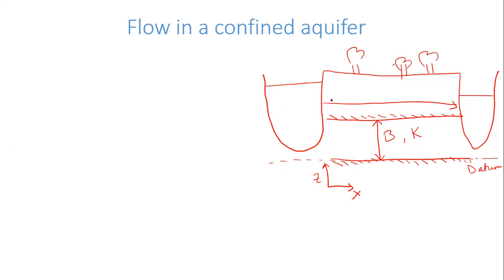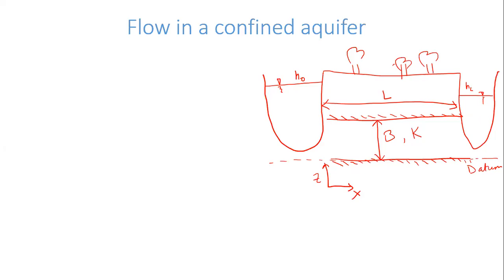So let's say the distance between the two surface water bodies is capital L. At x equal to 0, I have one river connected to this confined aquifer, where the water level is H0. On the other side, I have another river whose water level is H subscript L. So H0 at x equal to 0 and HL at x equal to L. These are the boundaries to this confined aquifer.